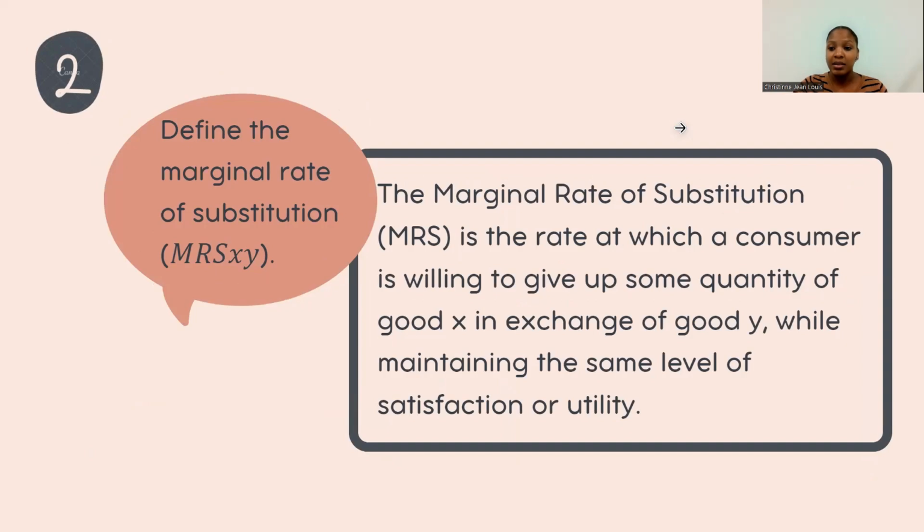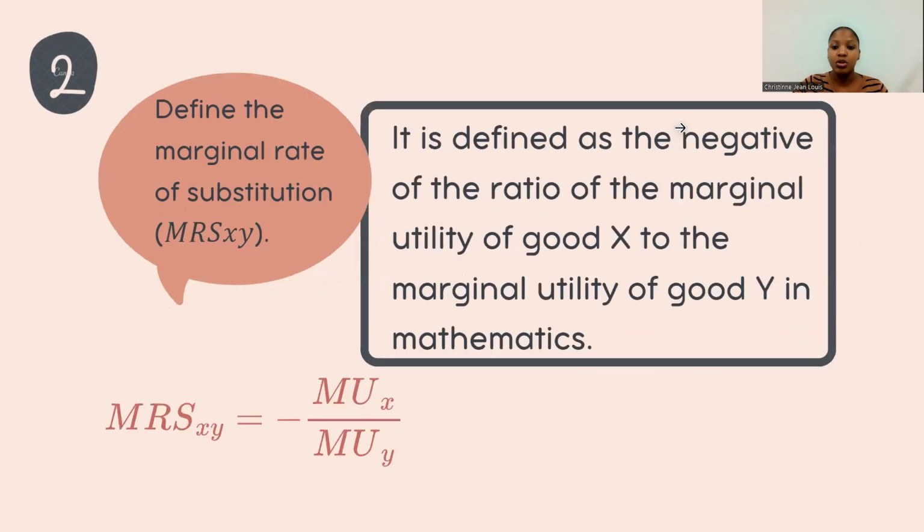As we can see in the previous graph I just showed, someone gives up some of good X to gain more of good Y, and vice versa. This is what we call the marginal rate of substitution.